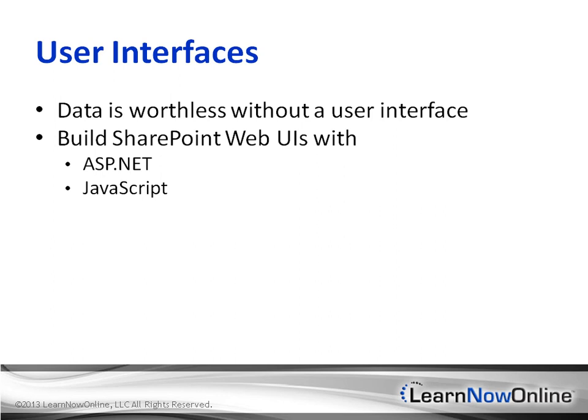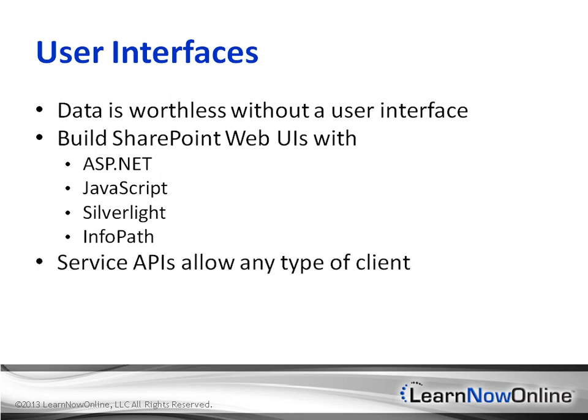We can build just a real simple page inside SharePoint and then add JavaScript to it, and the JavaScript could be performing some type of function. You can make a Silverlight client, InfoPath. Pretty much the service APIs allow any kind of client. Whatever you're working on, you could be working on a PHP web application, or a Windows Forms application, WPF, it doesn't matter.